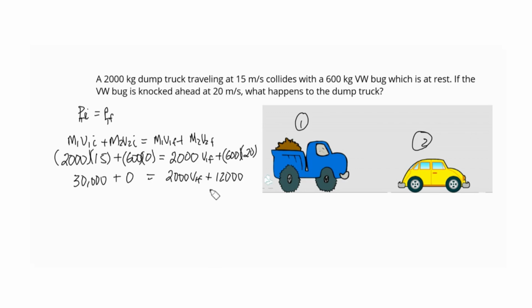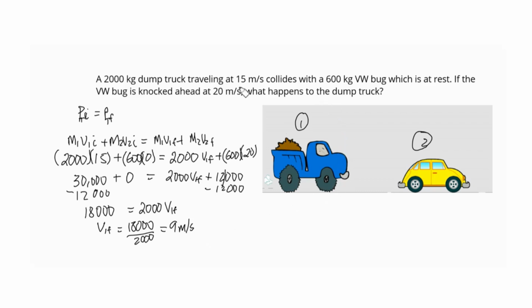And so now I will subtract 12,000 from both sides, and that gives me 18,000 equals 2,000 V1F, and so this would become V1F is equal to 18,000 divided by 2,000, which is 9 meters per second.